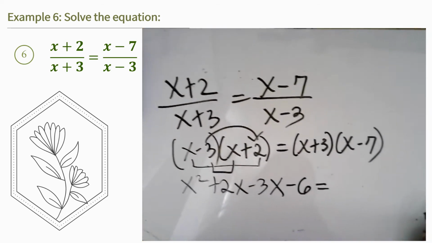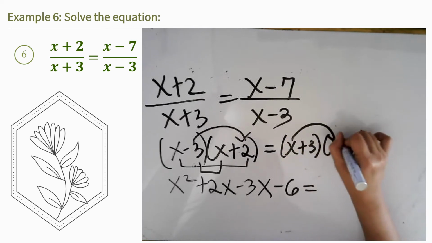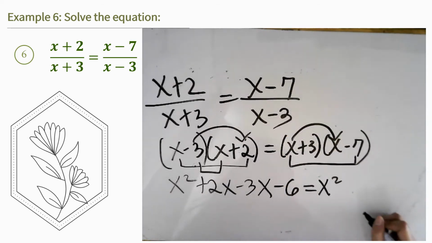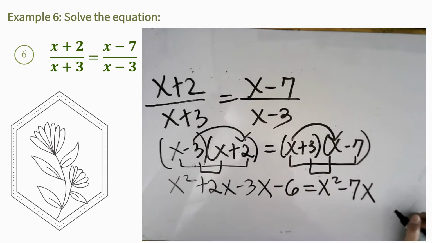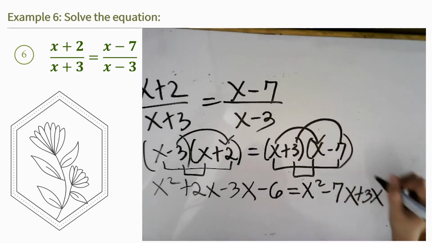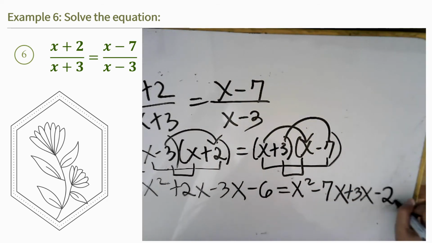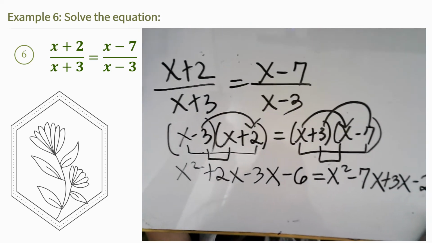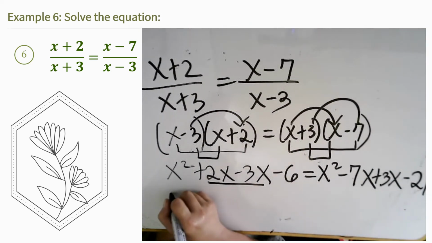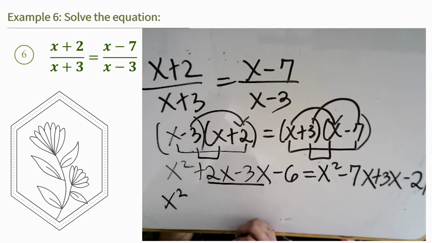Now on the right side, x times x is x squared. Then negative 7 times x is negative 7x. And then positive 3 times x is positive 3x. And then lastly, 3 times negative 7 is negative 21. There. Then, let's combine these terms. So, we'll have x squared, copy x squared, and then 2x plus negative 3x.